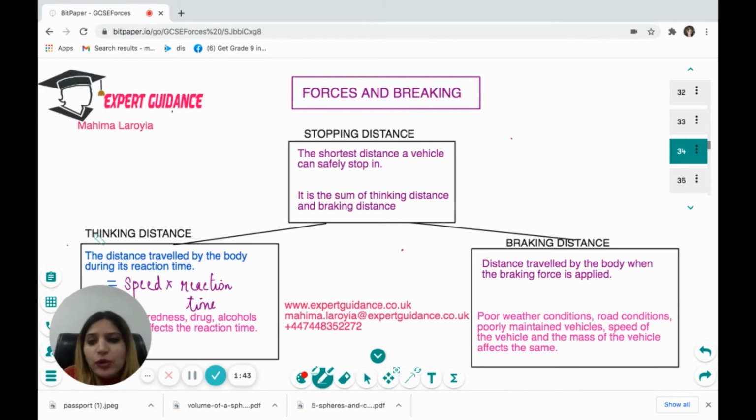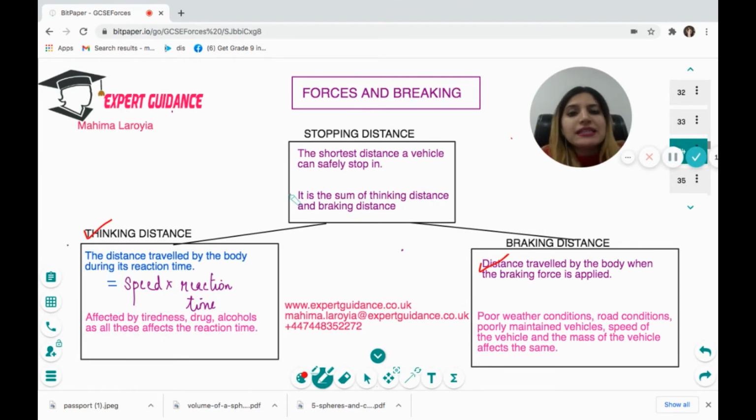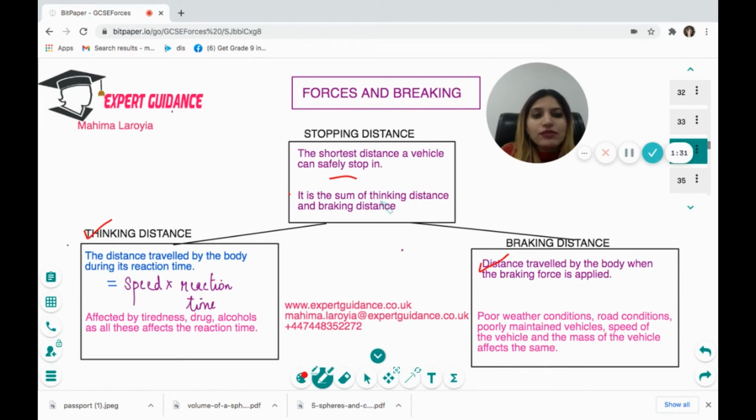Together, the thinking distance and the braking distance constitute the stopping distance. So the stopping distance is the shortest distance in which a vehicle can safely stop. It is the sum of the thinking distance and the braking distance.